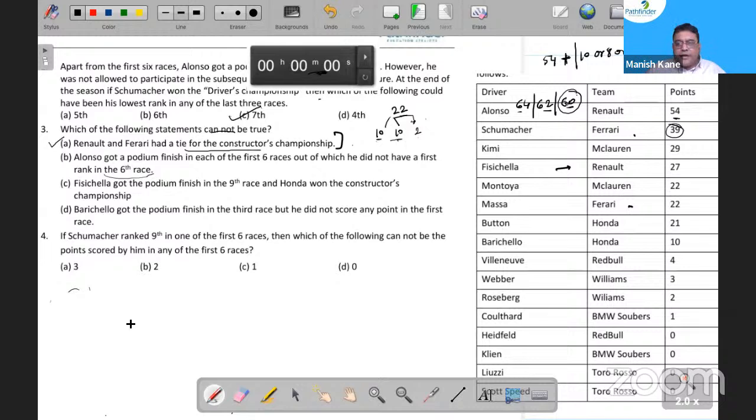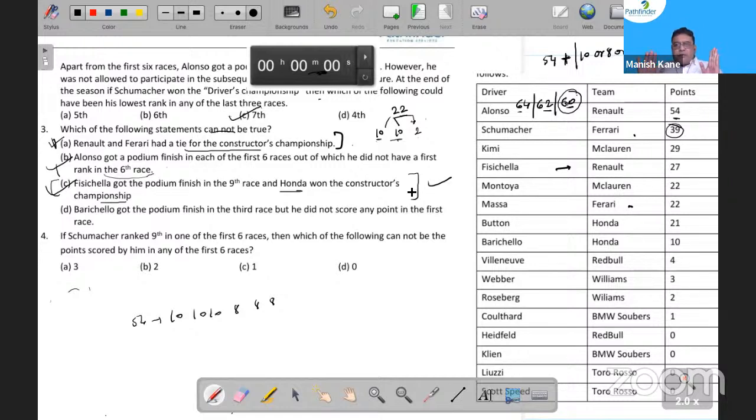Because you can get a score of 54 in how many ways? 10, 10, 10 and 8, 8, 8. So it is very much possible that he did not have a first rank in the 6th race. So this is also possible. Honda, we just now saw that Honda cannot win the Constructors' Championship. So this should be actually your answer to the question.